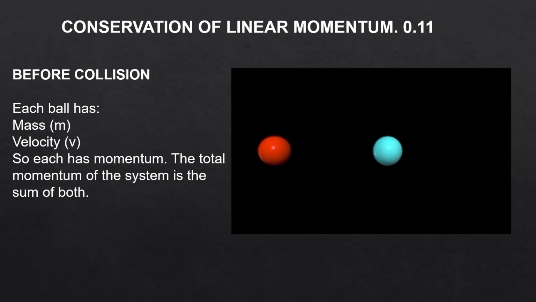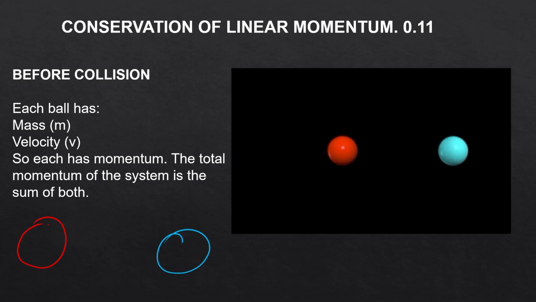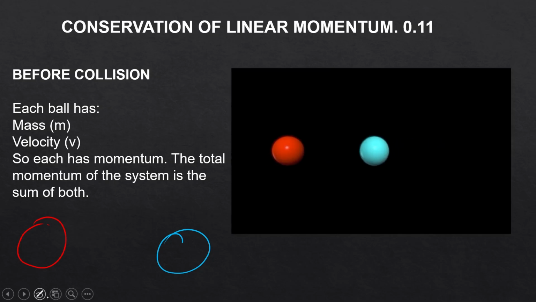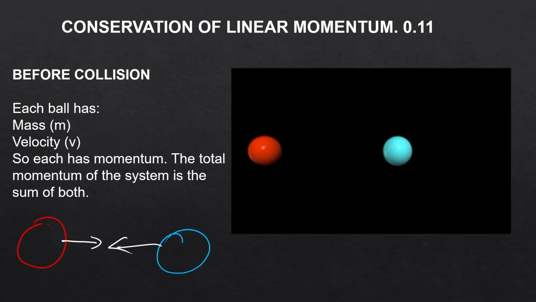I said it earlier. Each ball has a mass and velocity. So they also have momentum. Now, the total momentum of the system is the sum of both. What we mean is that this body and the other body, as they are moving in opposite directions to each other, will have different momenta.